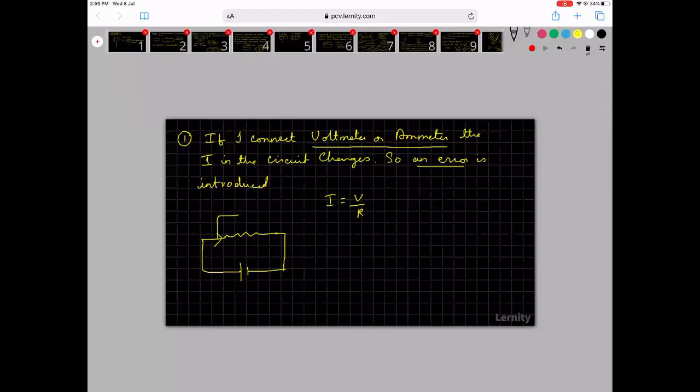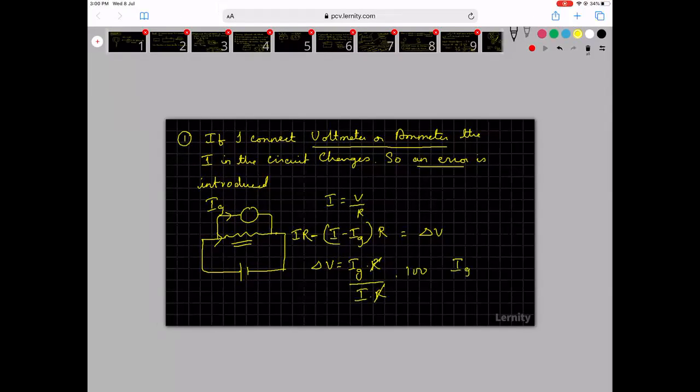Now if you connect a voltmeter to it, some current Ig goes this side, some current goes this side. So the current here is reduced. So the new potential difference is (I minus Ig) into R. The old potential difference was I into R. So the difference delta V is equal to Ig into R. Delta V as a percentage is divided by I into R into 100.